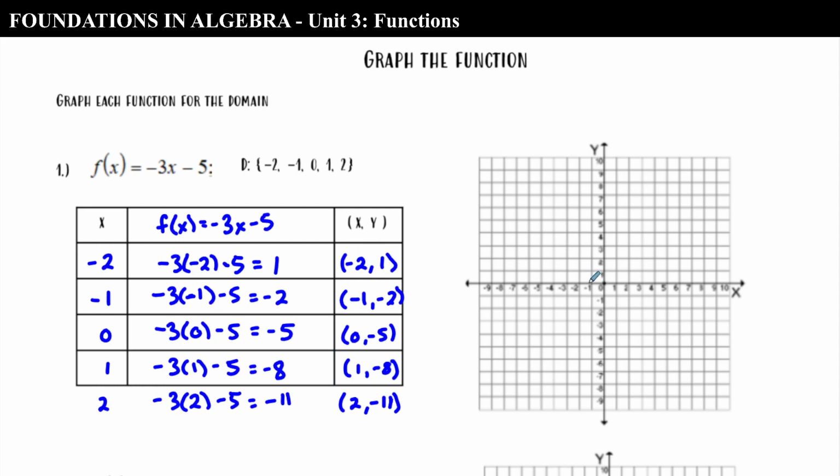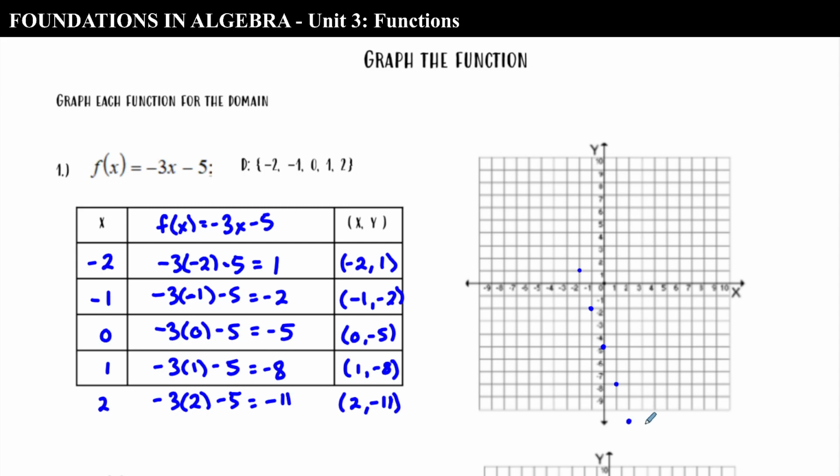So we've got (-2, 1), (-1, -2), (0, -5), and then we have (1, -8), and then (2, -11), which would put us somewhere around here.